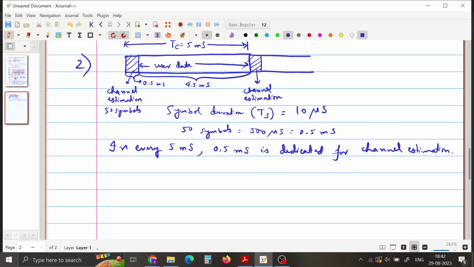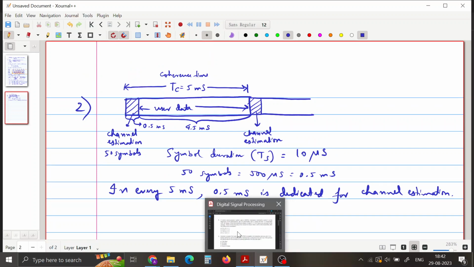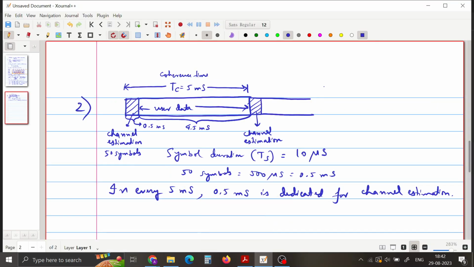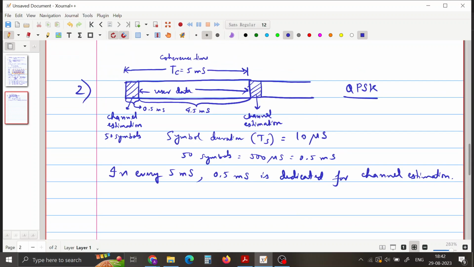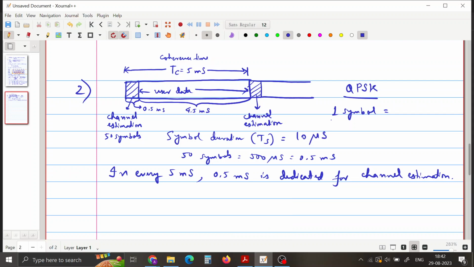First of all, what's the modulation scheme? QPSK. For QPSK, you have to remember one symbol means, because we need to find the data rate, and data rate is in bits per second, kilobits per second, depending on the magnitude. So you have to find the data rate in bits per second. Now in QPSK, how many bits are there in one symbol?